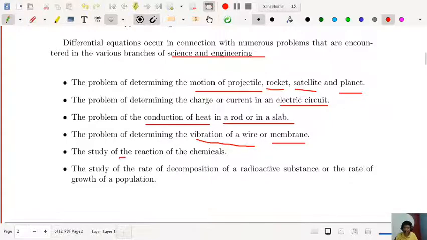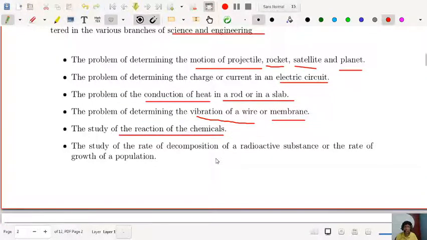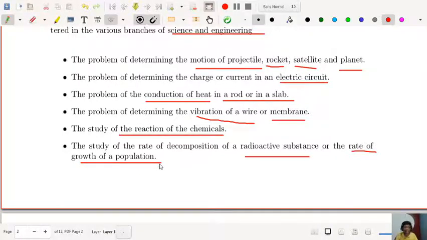The study of the reaction of chemicals, right? There are a lot of reactions in chemicals, and those can be described with differential equations. The study of the rate of decomposition of radioactive substance or the rate of growth of population is also modeled in a differential equation.